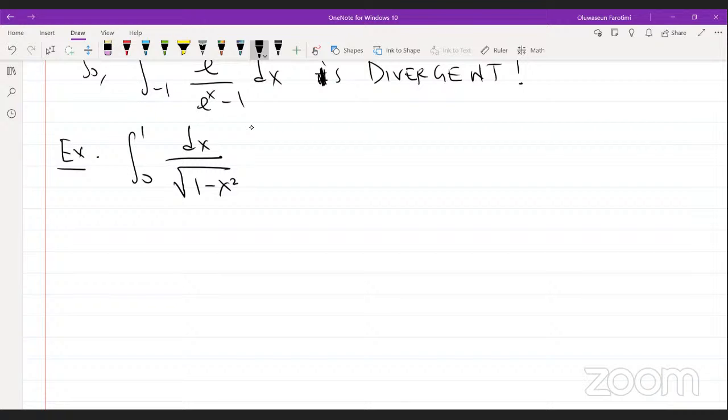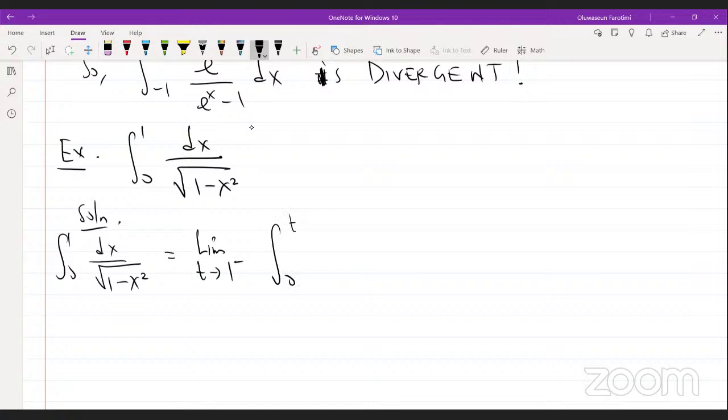Because if you plug in 1, you have 1 minus 1 on the bottom. You have 0. Square root of 0 is 0. So you have a situation with 1 over 0, which is undefined. So the situation is at the top, which means the limit as t goes to 1 from the left of the integral from 0 to t of dx divided by square root of 1 minus x squared.